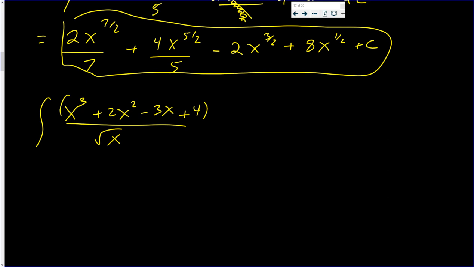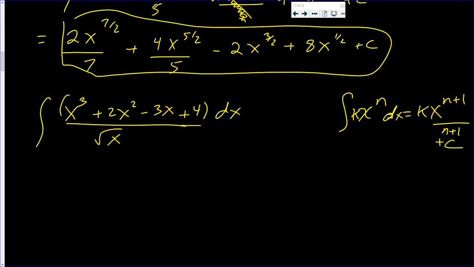Now, we only know how to take the integral of x to a number. And even if there's a constant, we know how to do it. The integral of x to the n is x to the n plus 1 over n plus 1. The constant just tags along, plus c.